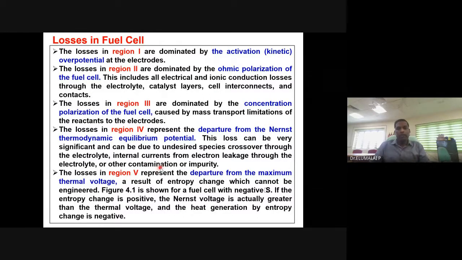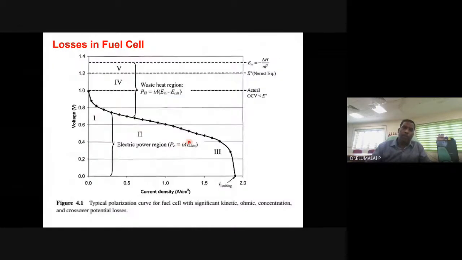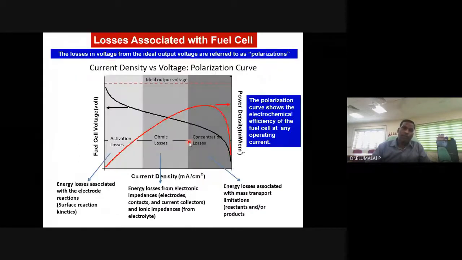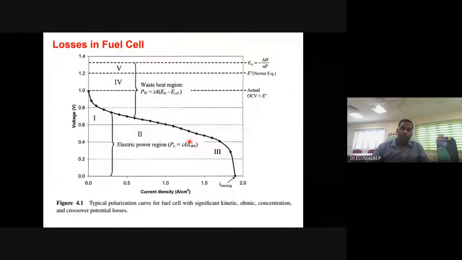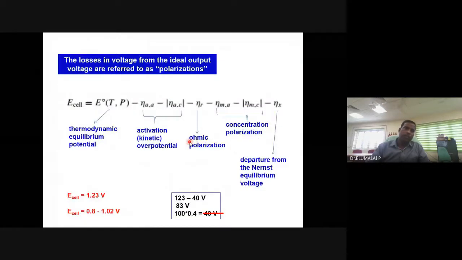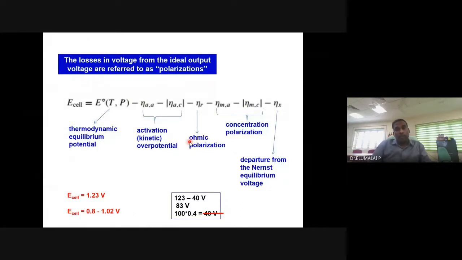4 important regions in the IV characteristic of a fuel cell, which talk about the losses in the fuel cell. Fuel cell losses, a very important topic, practically to work on. So with the expense of all these losses only, you will be able to see some potential, somewhere around 0.8 to 1 voltage.